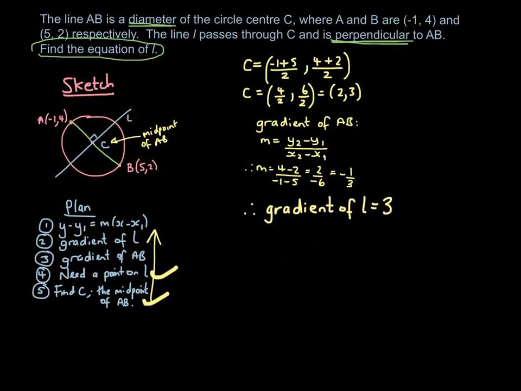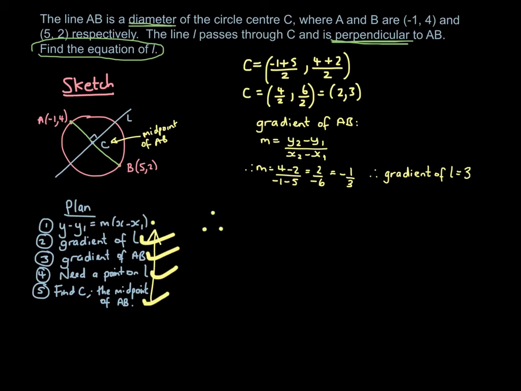At this point now, it might be a good idea to read through the question again if you haven't written a plan, or look back at your plan and think, I've done my gradient of AB, I've got my gradient of L, so now I'm on the final bit. I just need to find the equation of L. So m is 3, and I've got my coordinate, just to bring everything together, 2, 3.